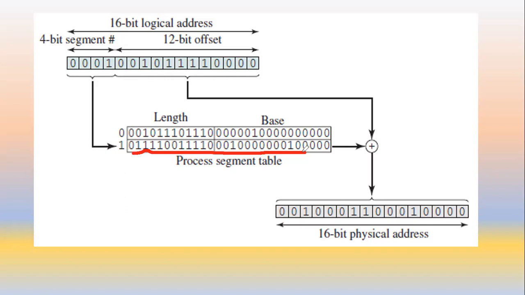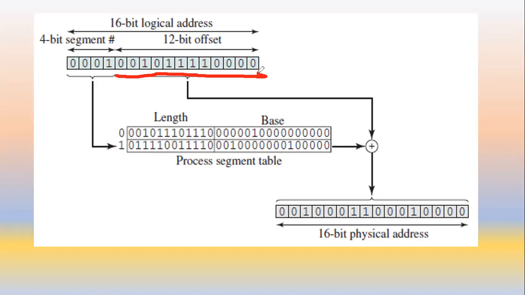Once we do that, we pick the length and the base that we have been able to access from our process segment table. We replace that with our segment number, and we retain our offset.